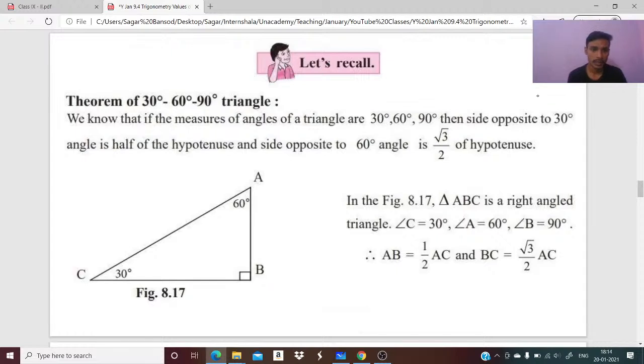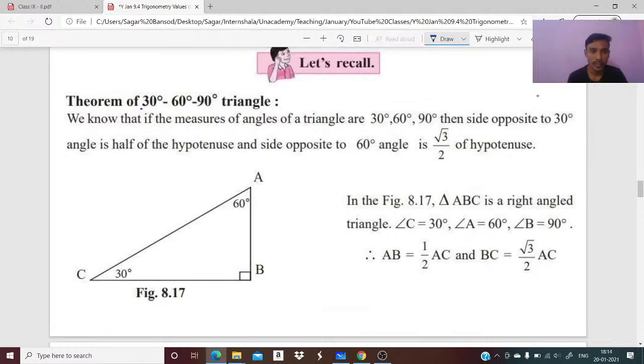First of all, we need some information before that: the 30, 60, 90 triangle theorem.